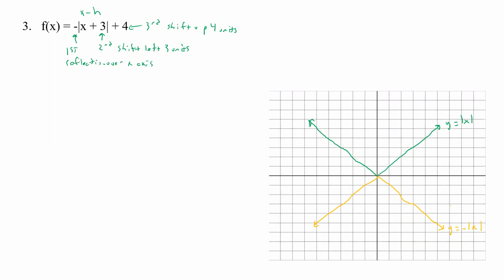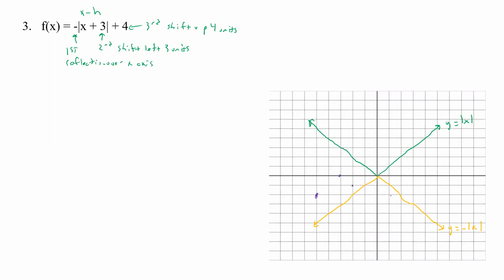Okay. Now what we're going to do is shift left 3 units. All right, so let's get a new color. Let's go back to purple maybe. And so now we're going to shift everything left 3 units. So we're going to go 1, 2, 3. And we'll go, let's start here. 1, 2, 3. And here let's say we have 1, 2, 3.